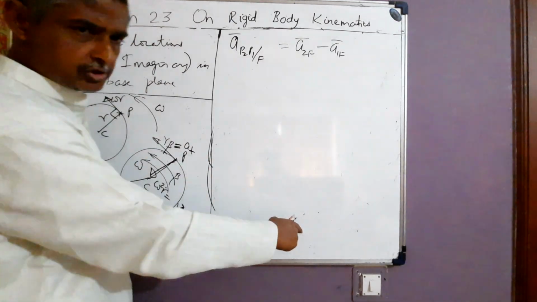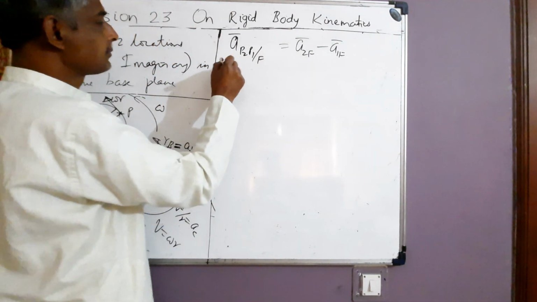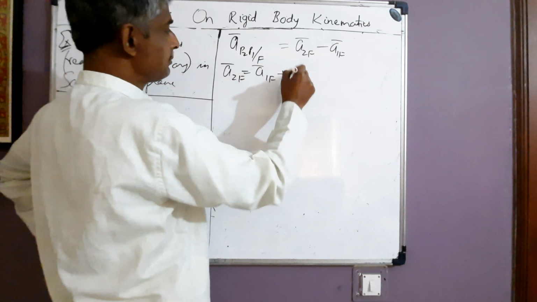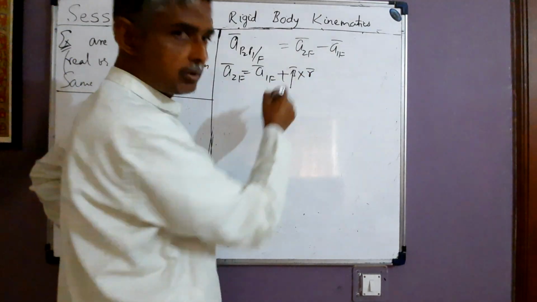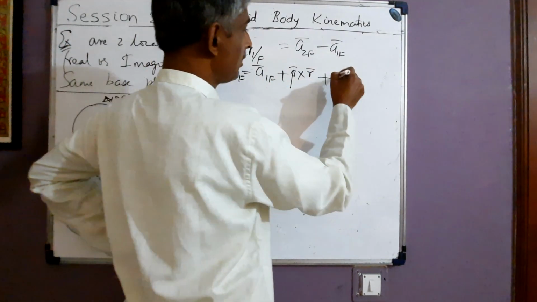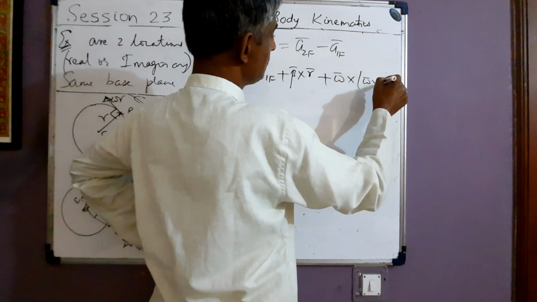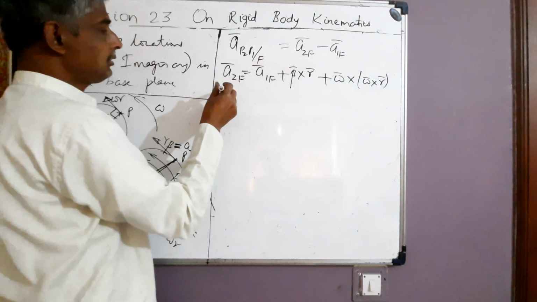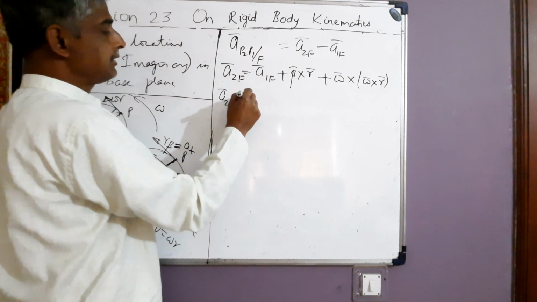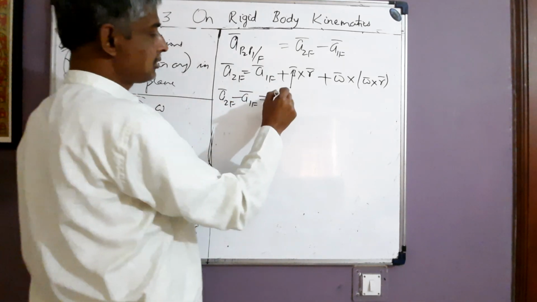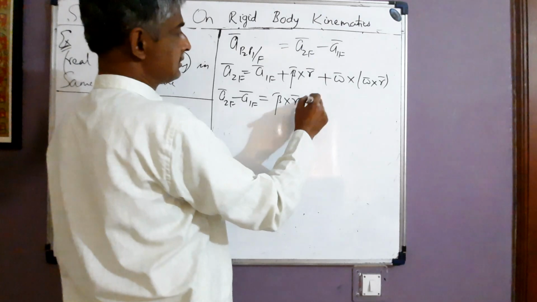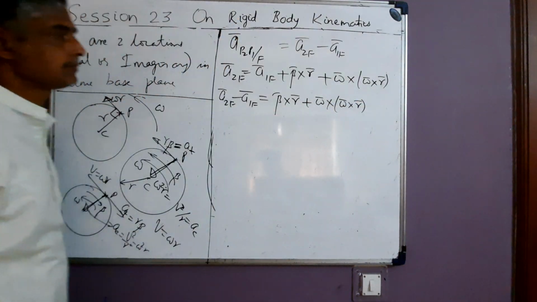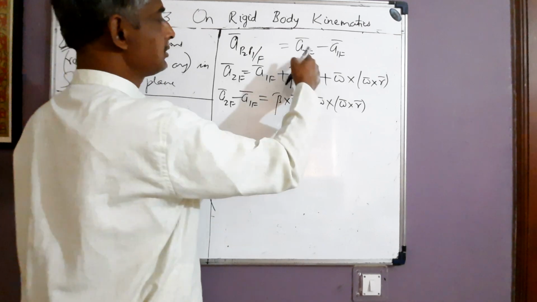Now, as I derived the acceleration equation here, I'll write it again. A2F is equal to A1F plus beta cross R plus omega cross R, in this case for a rotating rigid body. So if you see, A2F minus A1F becomes beta cross R plus omega cross R. We are comparing these two terms.